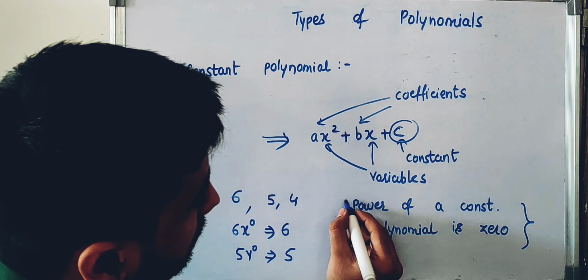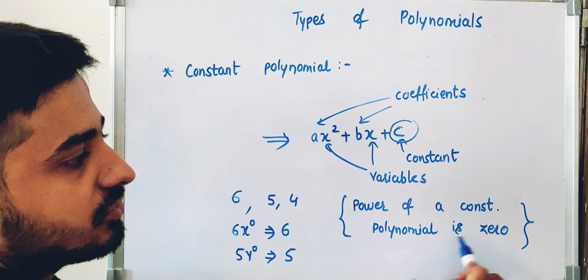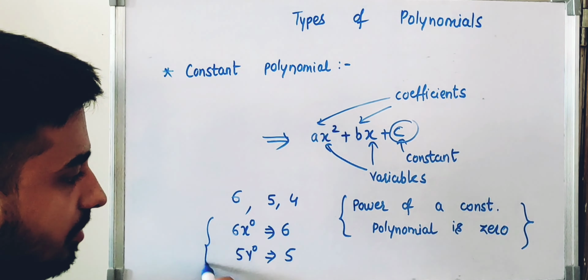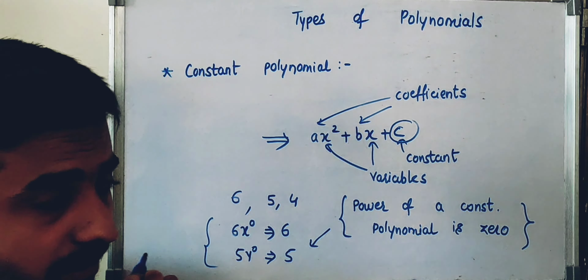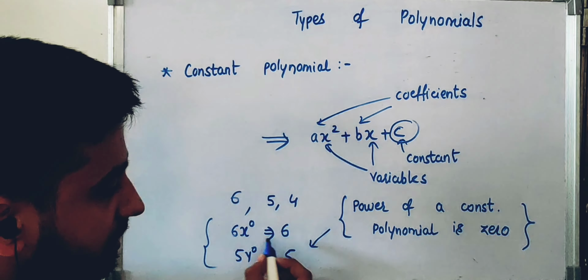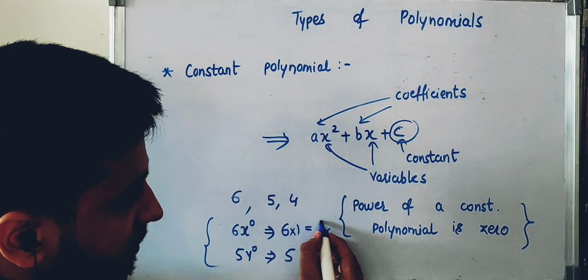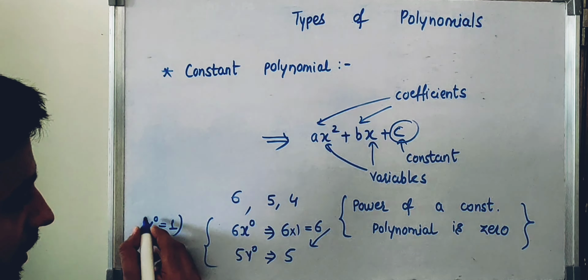Clear? That's why we have discussed the constant polynomial, because the power of a constant polynomial is 0. By this example, see once again, 6 x to the power 0 is 6 into 1 equals 6. Why? We know that x to the power 0 is nothing but 1.